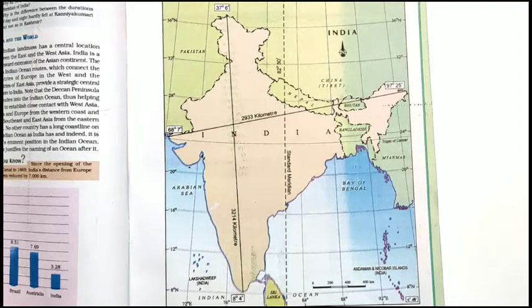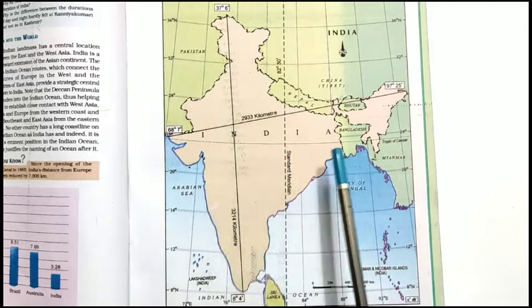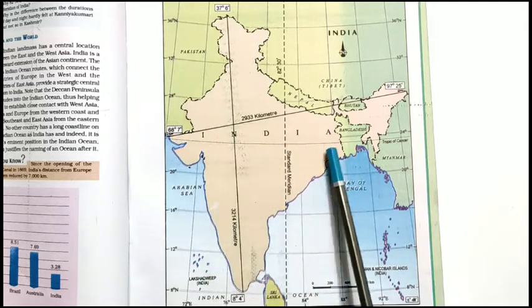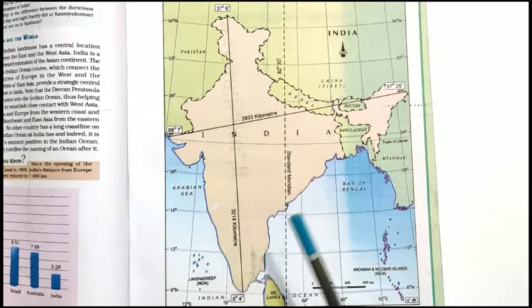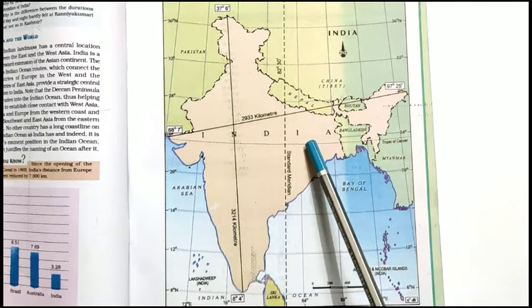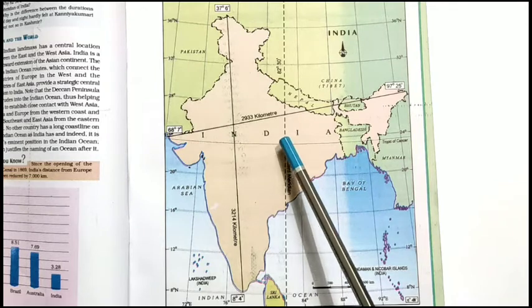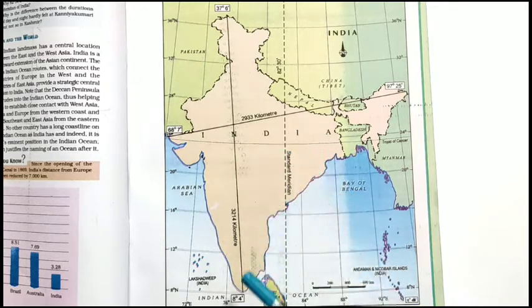If you turn to page number 3 of your book, you will find this map, and here you can see that this is the Tropic of Cancer passing, and this Tropic of Cancer is measured as 23 degree 30 minutes north. So you can see it almost divides the country into 2 equal parts.